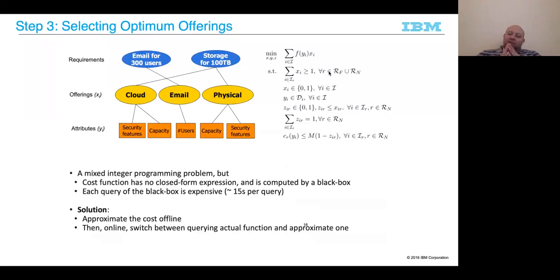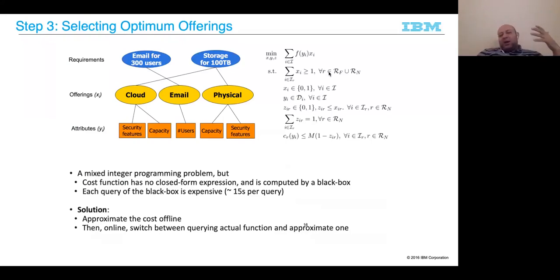Why do we have to solve an optimization problem? Because we have a lot of offerings, and each requirement can be fulfilled by more than one potential offering, and each offering can fulfill more than one requirement. So we need to find the optimal minimum set of offerings that would fulfill these requirements at minimum cost. If you have a small number of offerings and a small number of requirements, you can think of this manually, but because you might have an exponential number of offerings and an exponential number of requirements, you have to do this more smartly.